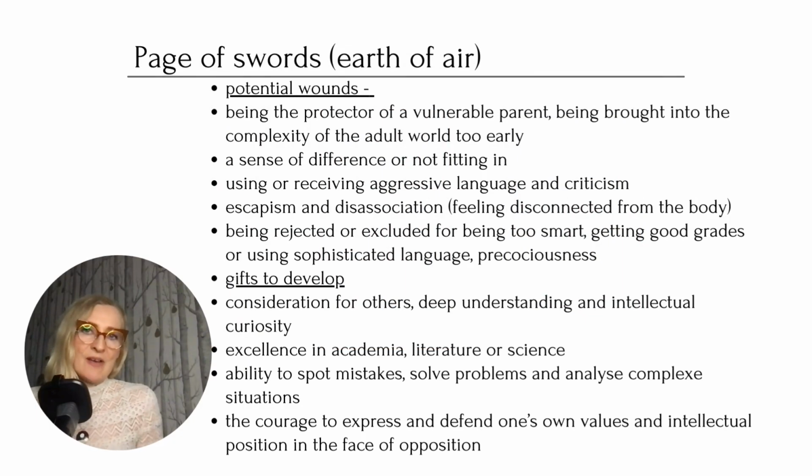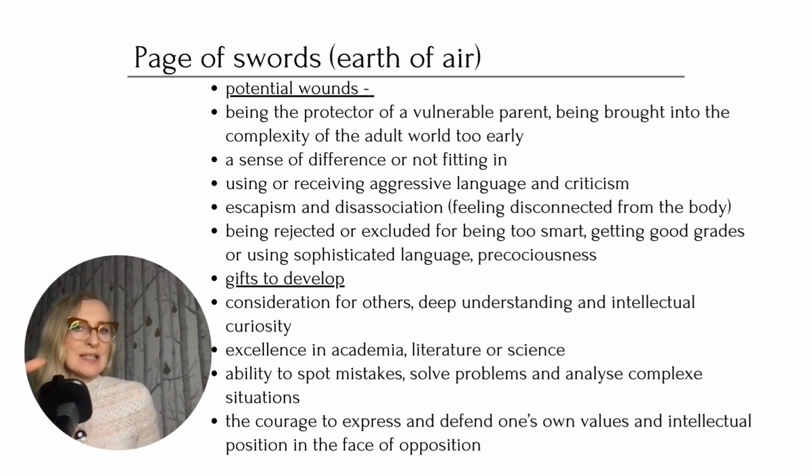So let's talk about how the Page of Swords is as a child, and the potential wounds that this Page of Swords inner child might have for a querent or for you listening. A Page of Swords is often a precocious child in some way, in the sense that maybe they've been made to manage big adult concepts before they were ready to do that.